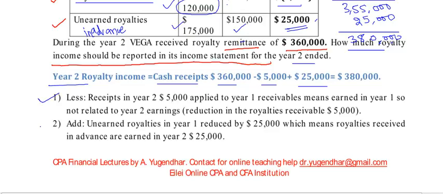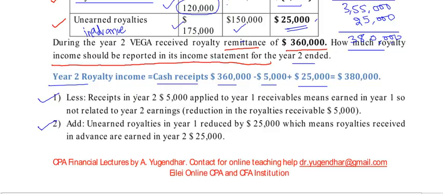And I am giving the explanation of why these are deducted and why the 25,000 is added. Receipt in year 2 of 5,000 applied to the year 1 receivable, meaning earned in year 1, so not related to year 2 earnings. So the reduction in royalty receivable is 5,000.